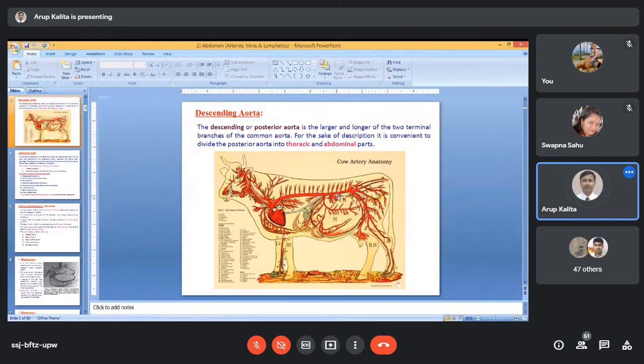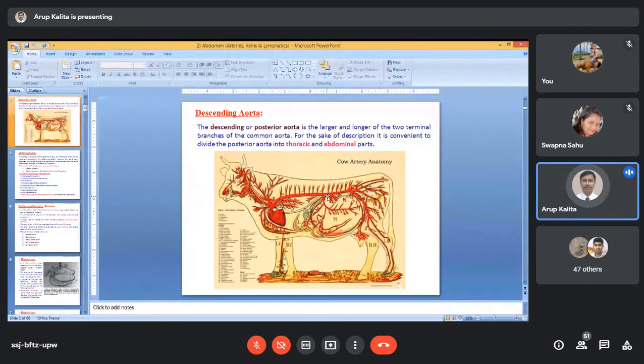And kidneys are located here in the sublumbar region. Cranial to the kidney, the adrenal gland is located. The adrenal gland is called suprarenal. Supra means above the kidney in human beings. In animals, as the body is horizontal, it is anterior to the kidney.